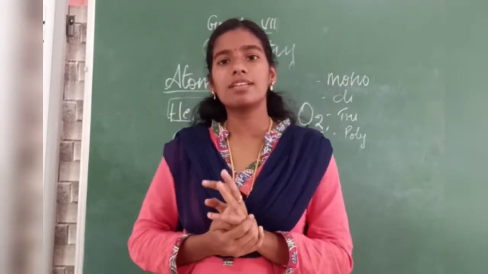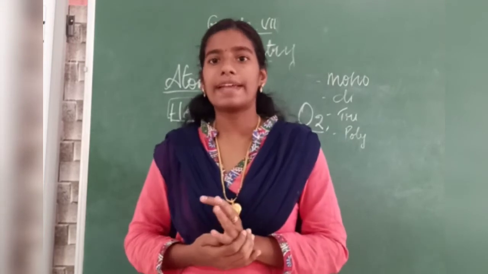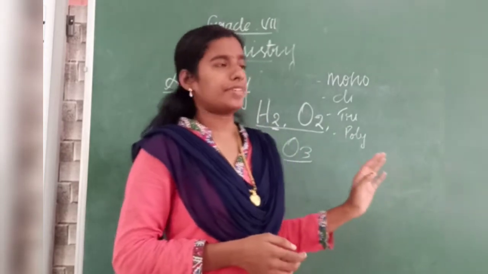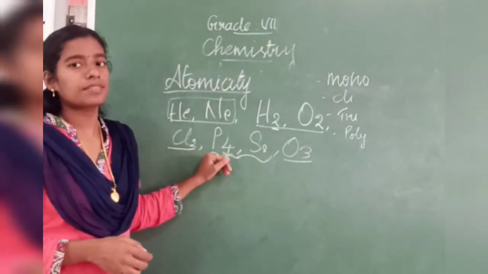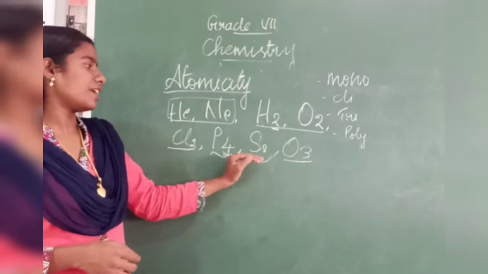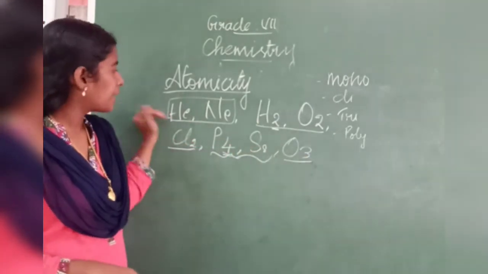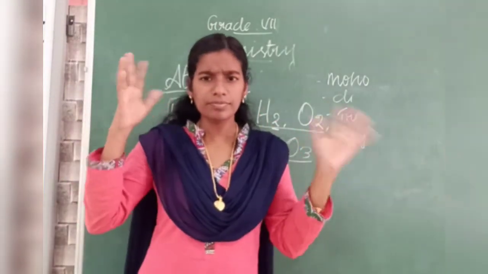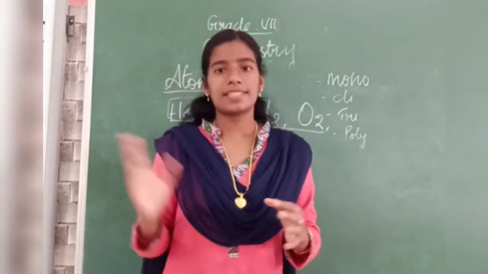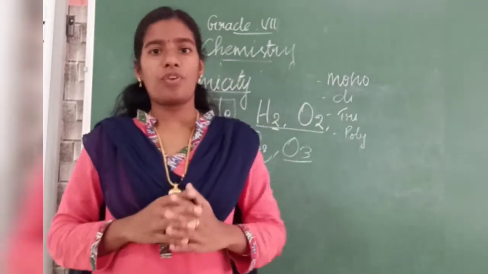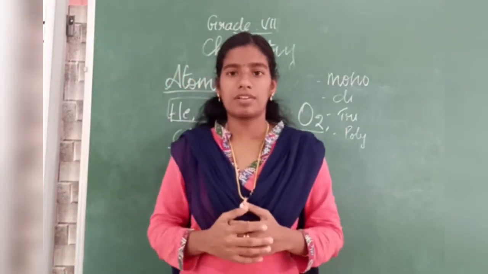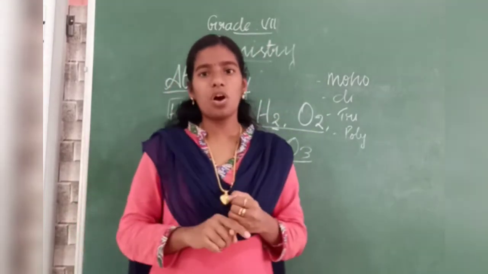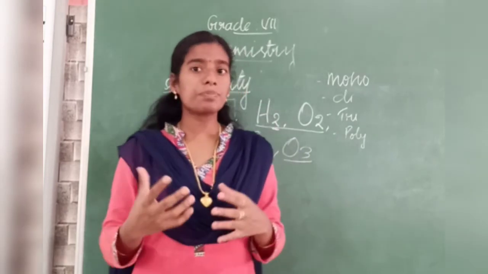Examples for a molecule: H2, hydrogen molecule; N2, nitrogen molecule. Many examples we have learnt. Phosphorus, P4, sulfur, S8, ozone, O3, helium, neon, chlorine. All elements present in the world have their molecular form. Then next, we learned about the representation of molecules.